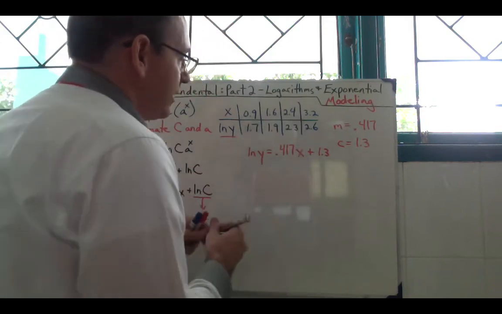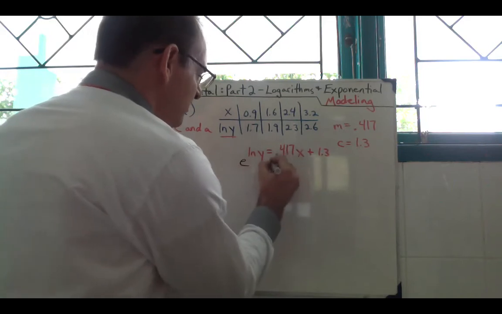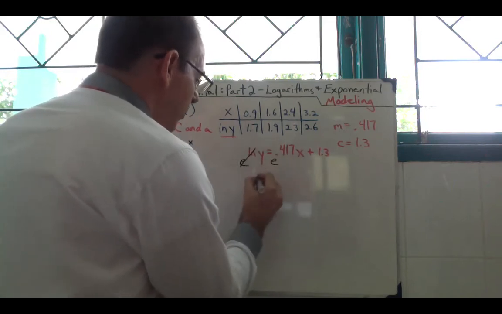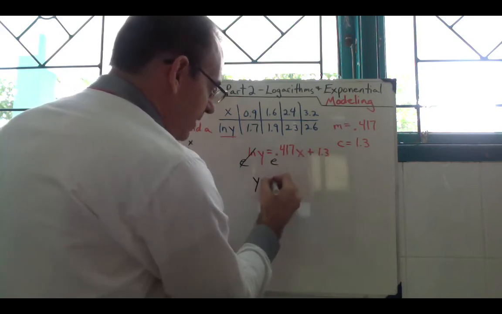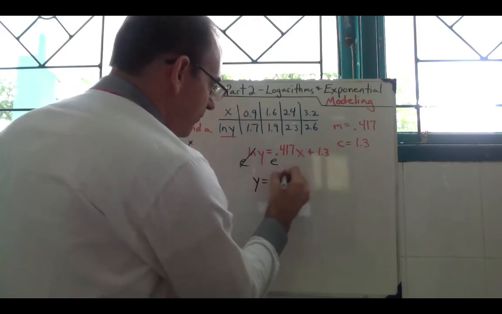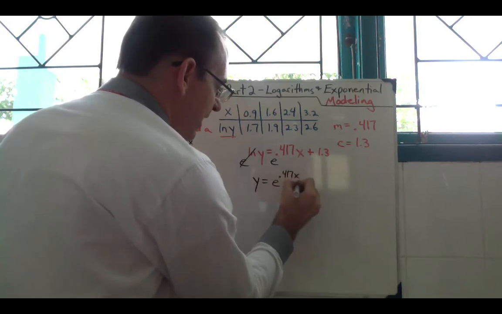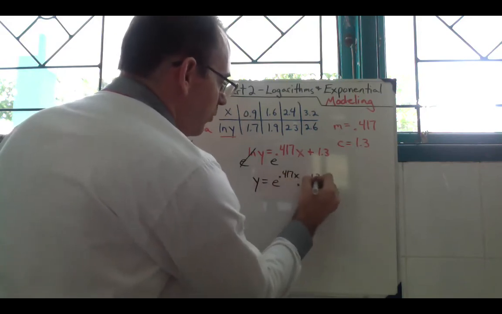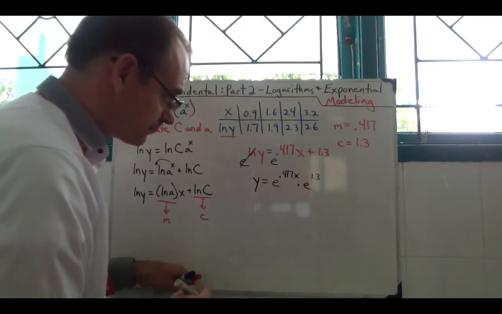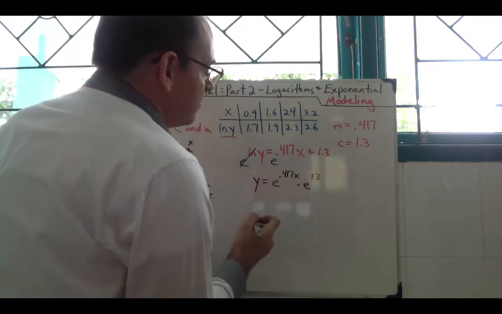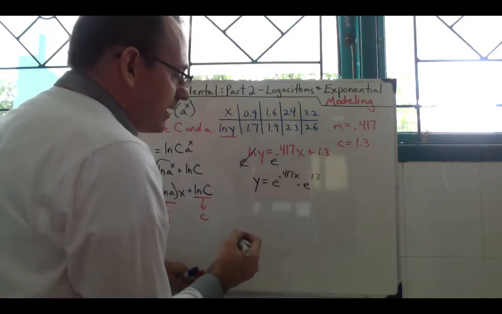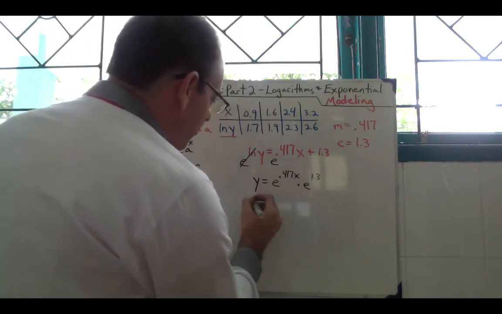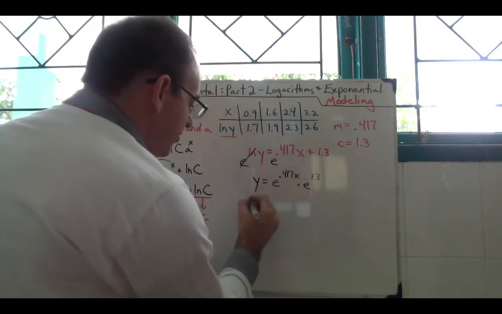So we want to e both sides. That canceled here, y equals, and remember, plus means multiply, so 0.417x times e to the 1.3. Then this multiply can be raised as an exponent to an exponent.